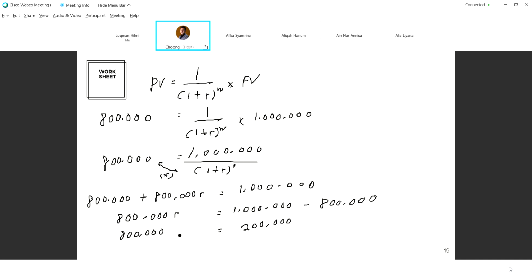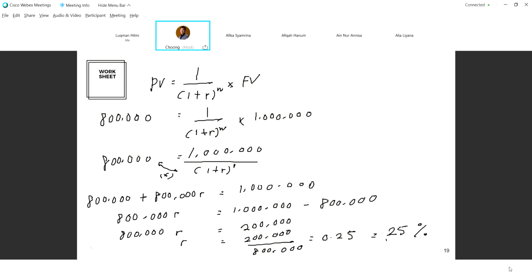So, yang A adalah sama dengan 200,000 bahagi dengan 800,000. Okay. 0.25. Yeah, you will get 0.25. And that would mean that this will sama dengan 25%.